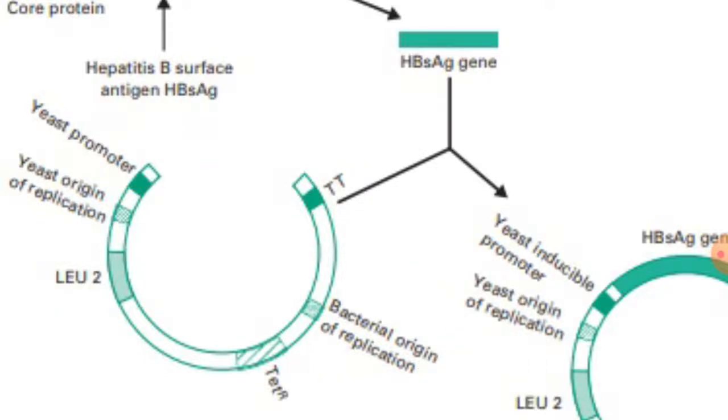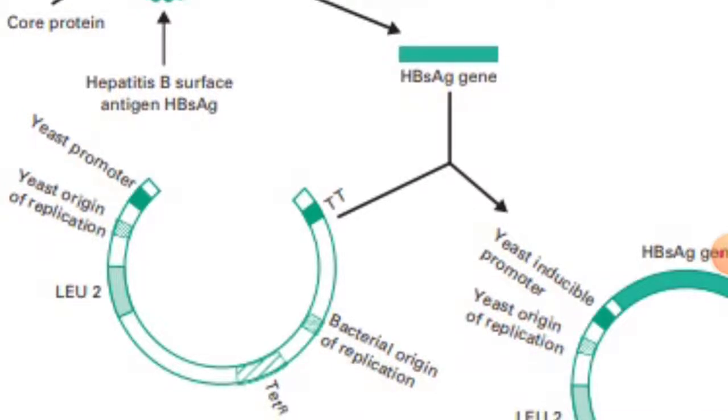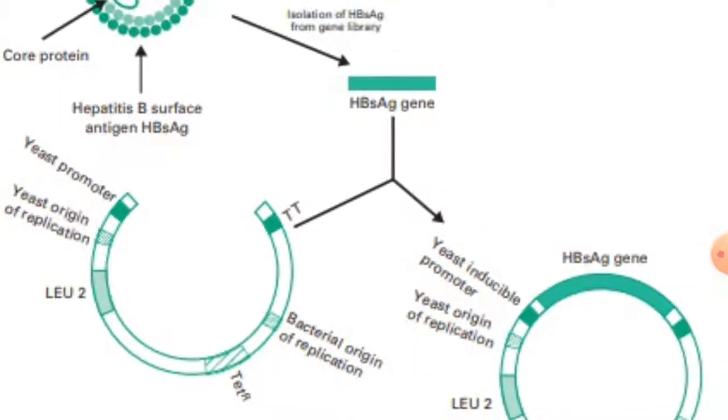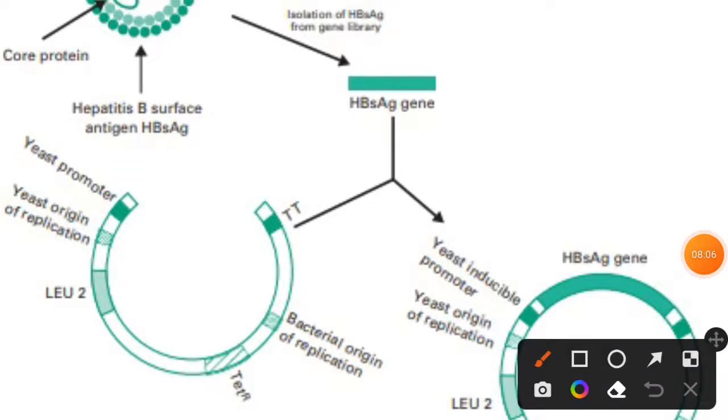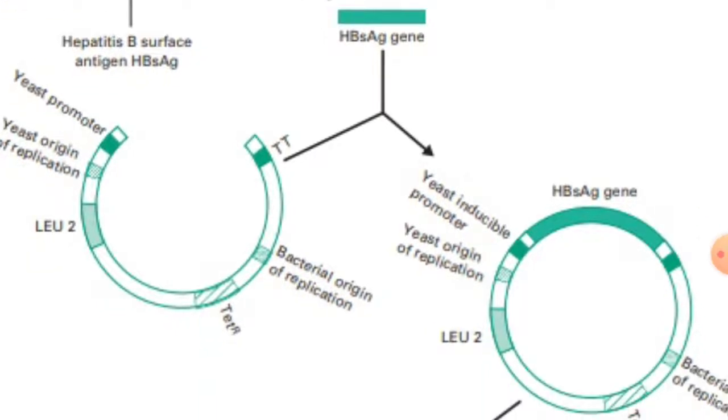That means we are using not only an expression vector but also a shuttle vector, right? So first of all we will insert the gene here with the help of DNA ligase.